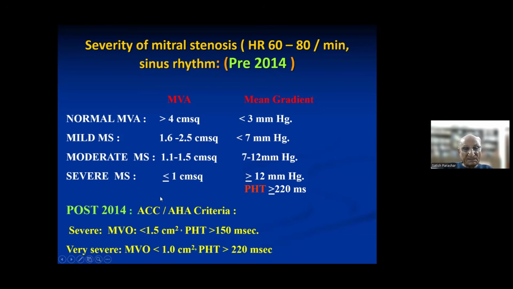What we used to call severe, they made it very severe, and what we used to call moderate, they made severe. So if you are asked the criteria for a severe mitral stenosis, then according to the 2014 guidelines, these are the criteria for a severe mitral stenosis.